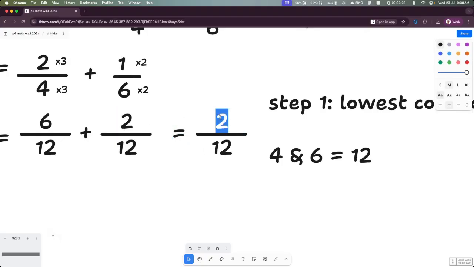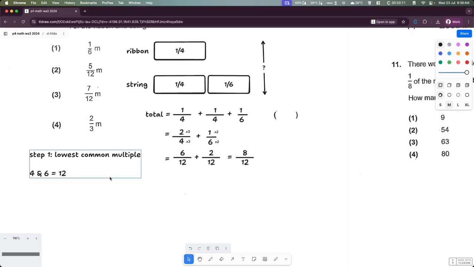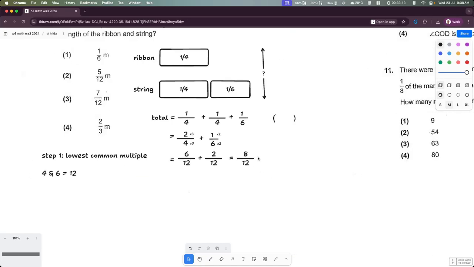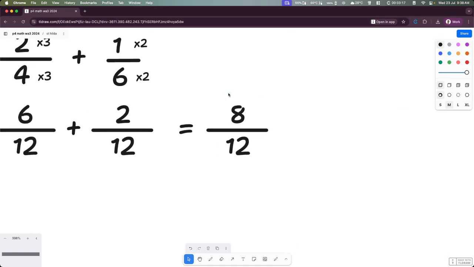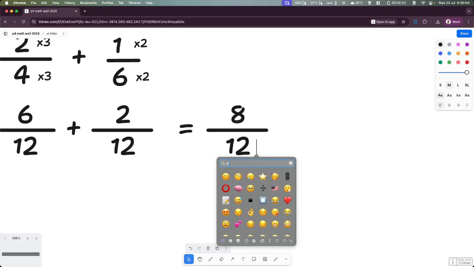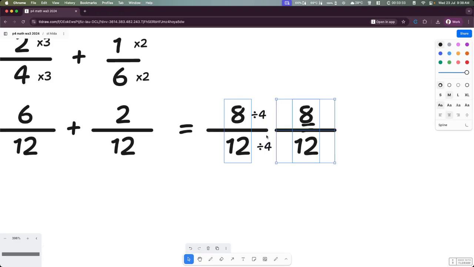Now if we were to simplify 8 out of 12, what's the common factor between these two? 8 and 12 can both be divided by 4. So you can divide both by 4.